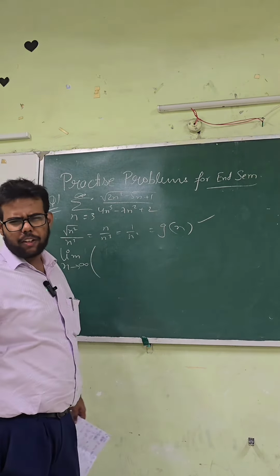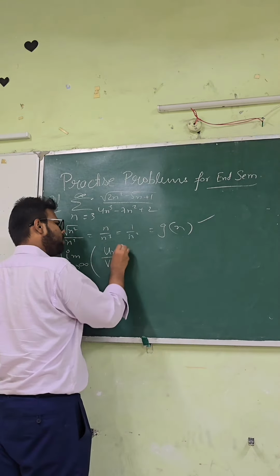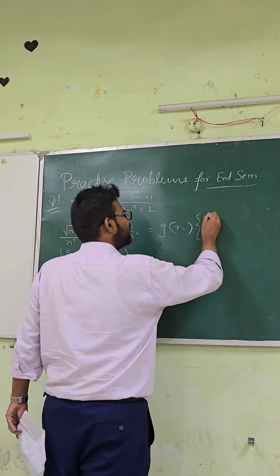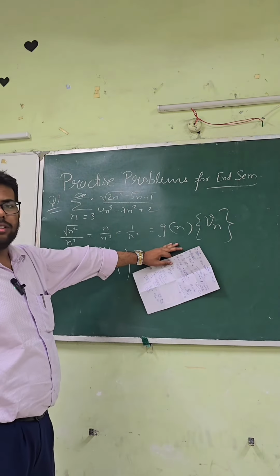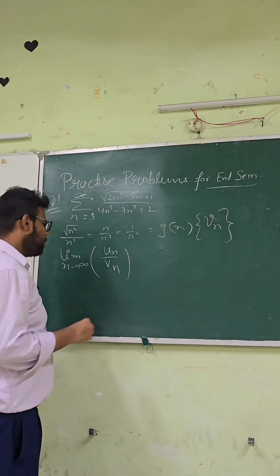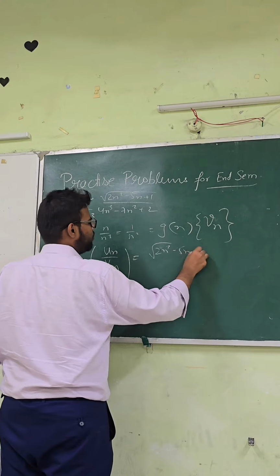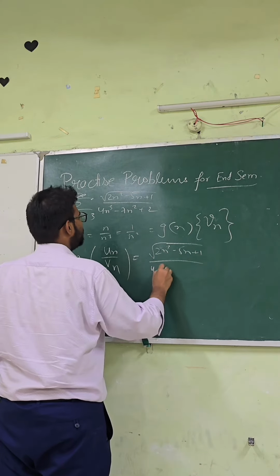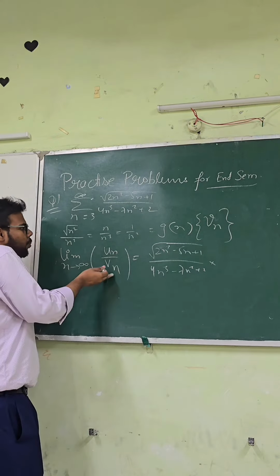I may have written there f of n, it is un, everything is same. So un by vn, this is your g of n, or we say in general term v of n, right? It is like in integrals we use a function and here we use terms. There's a difference, nothing else, okay? So basically you get root of 2n square minus 5n plus 1 upon 4n cube minus 7n square plus 2 into 1 upon n square.